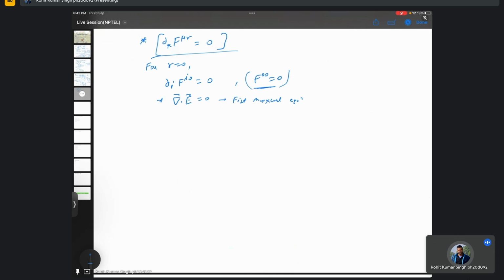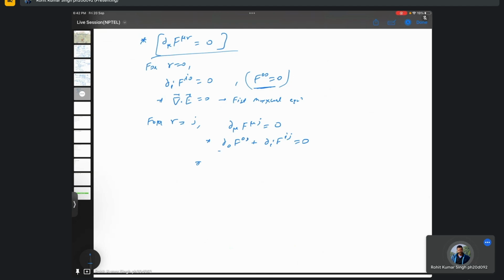And if you put nu equal to some j, then let's see what happens. We can expand it: plus del_i F^{ij} equal to 0.